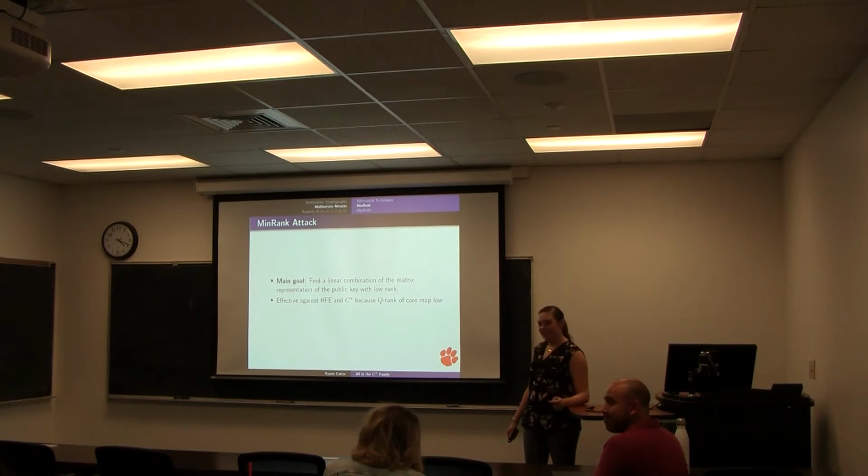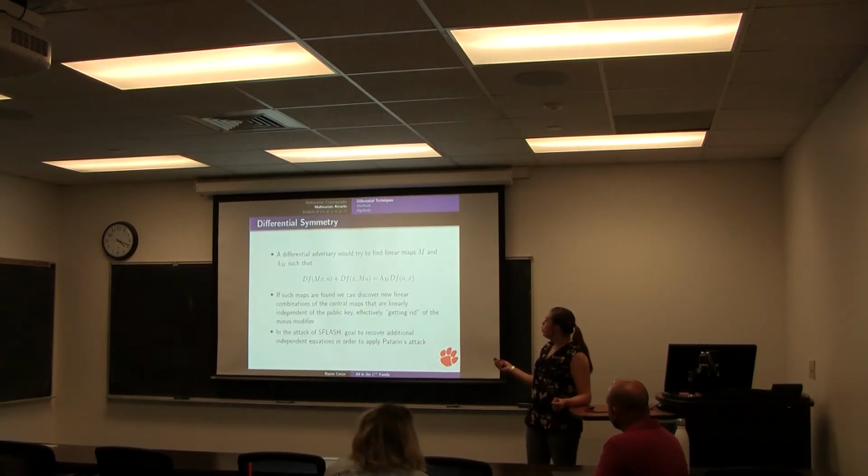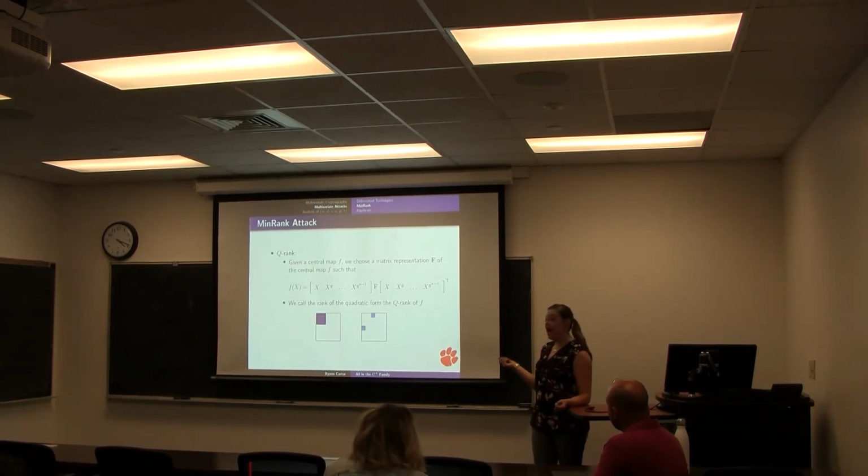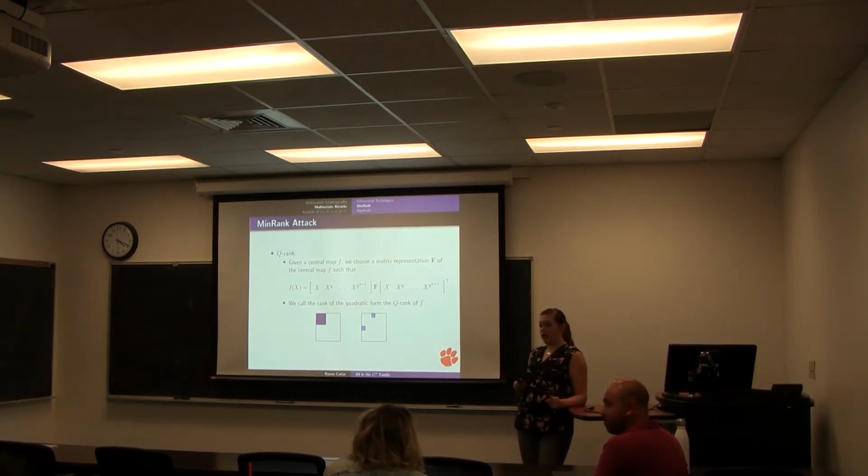Yes? So the attack would have to find the capital F in the middle. It wants to find, so we know that this capital F has low rank. So we want to find a linear combination of the public key that we could then use to find an equivalent key to that capital F. Okay.